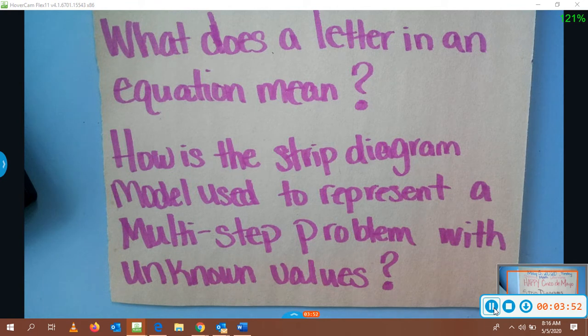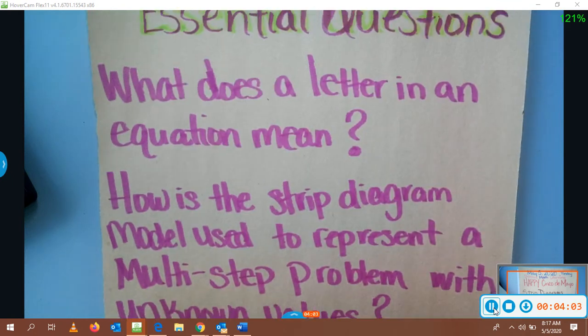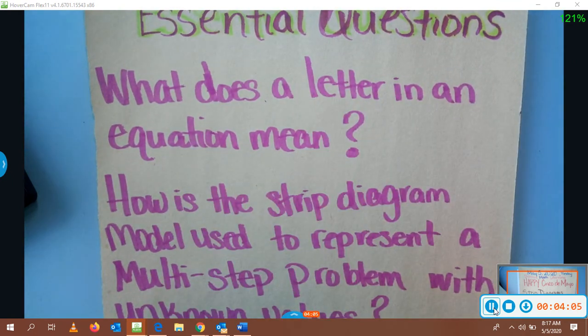So basically it's asking you, how would you set your diagram up in a multi-step problem along with using an unknown value, which is a letter? Okay? All right. So let's begin our journey for today.